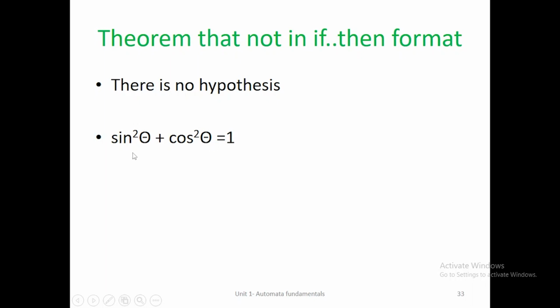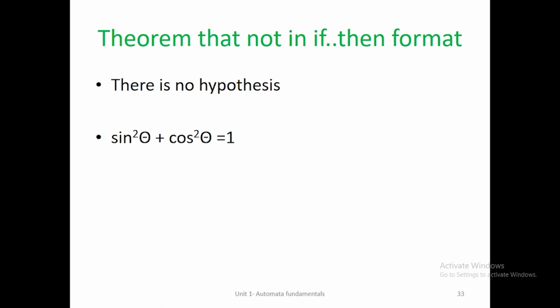If you take theta equal to 30, the sin theta value is 1 by 4 for sin squared theta, and the cos theta value is 3 by 4. Like that, the answer will be the same. So all the answers will be the same for theta equal to what are the hypotheses?